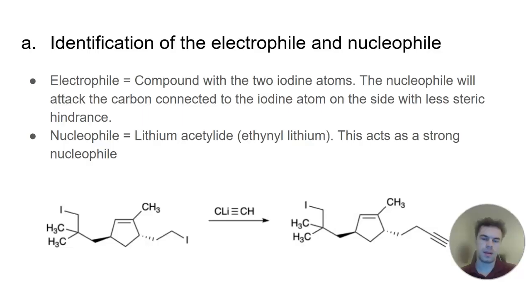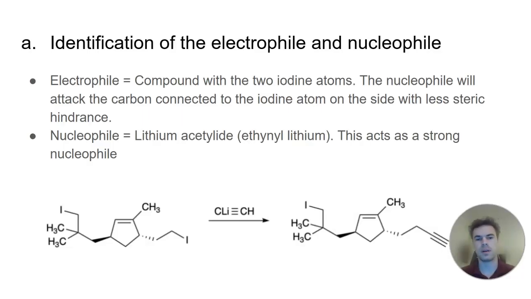And iodine is also very indicative of a molecule being associated with an electrophile because it is an alkyl halide, which is associated with being a very strong leaving group.